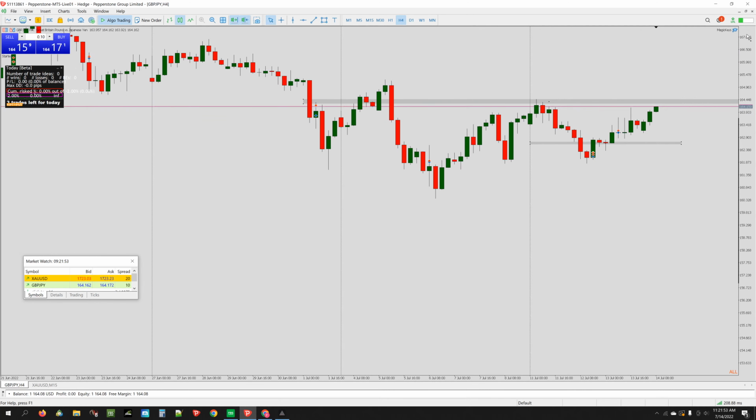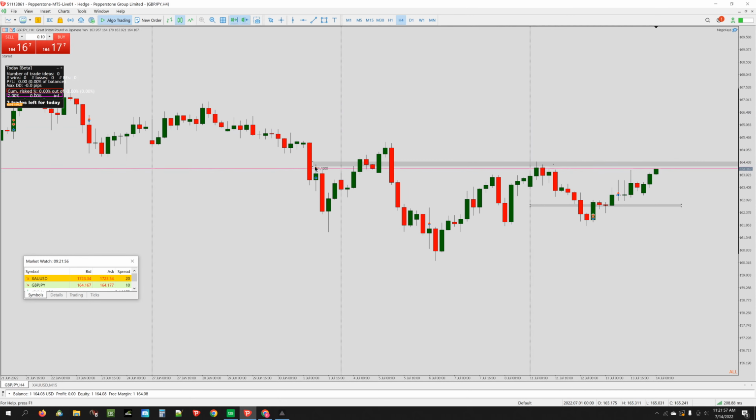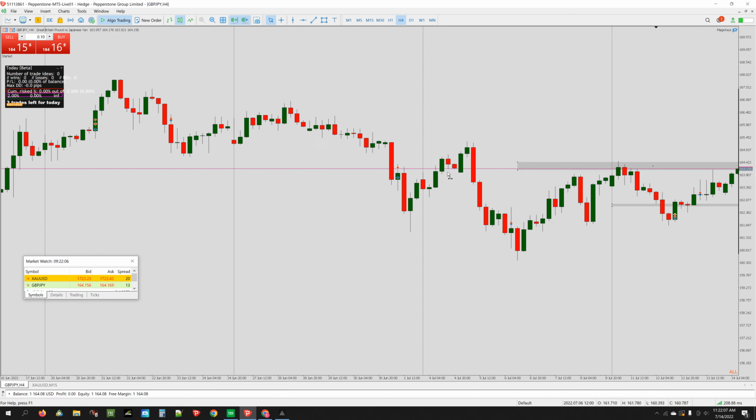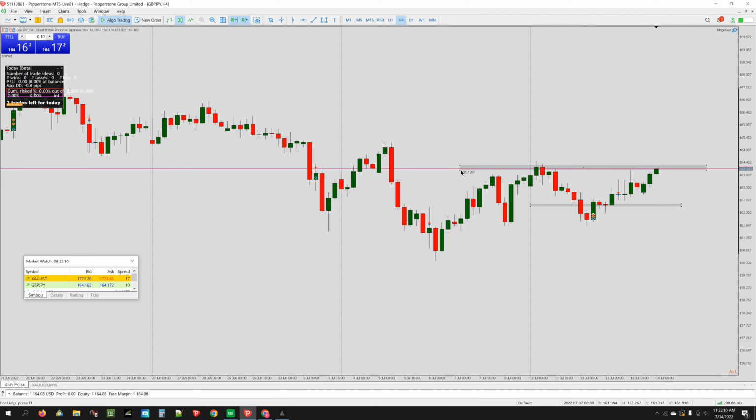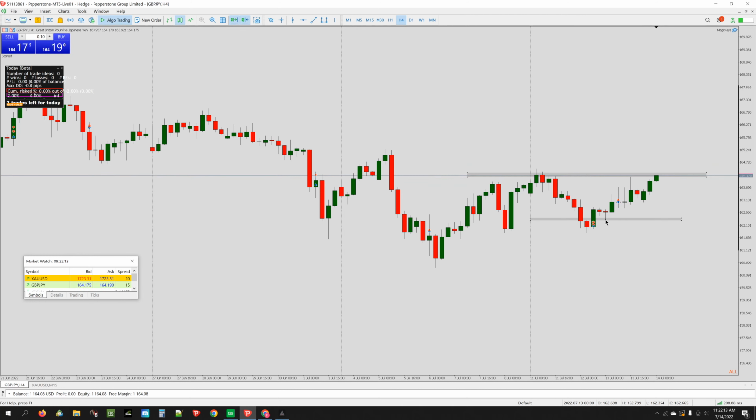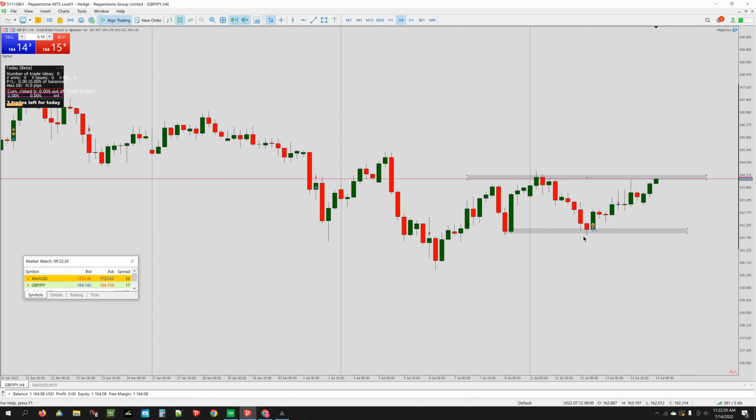If we look at H4, we have resistance at 164.300. We have support at 161.900. I guess the same support and resistance from previous day.